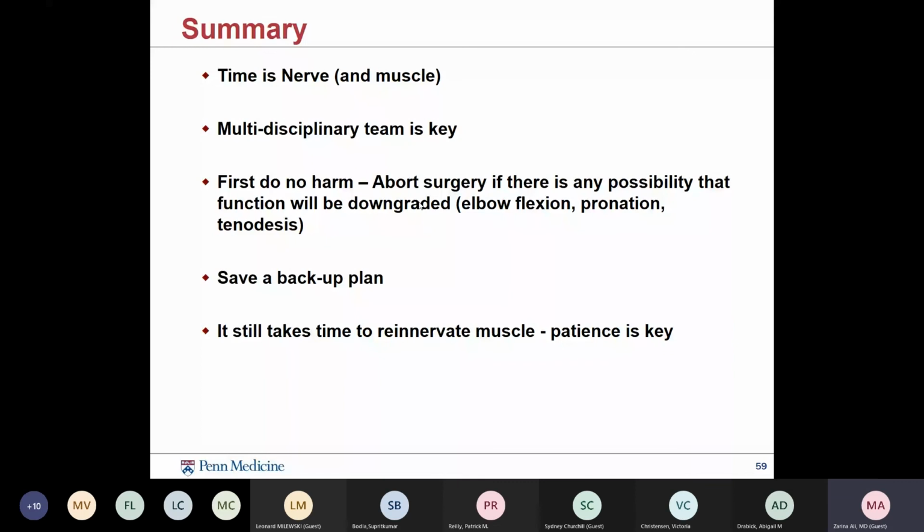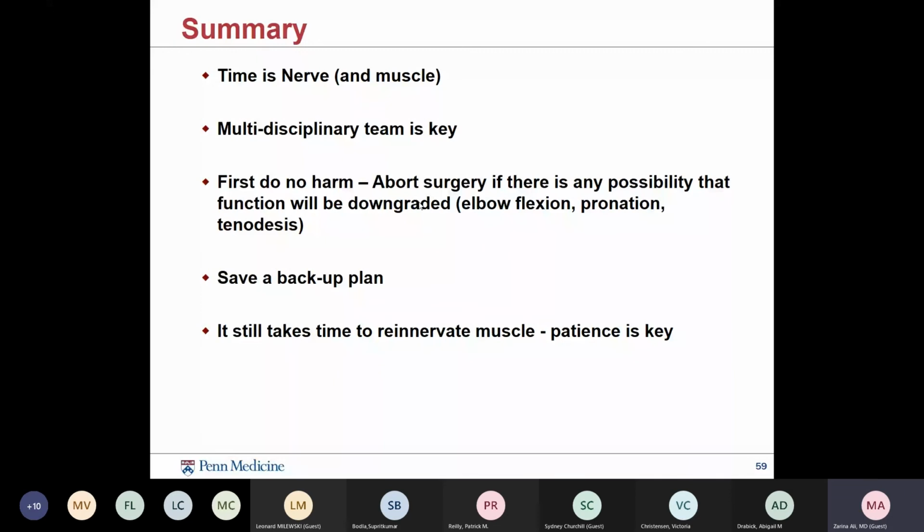As I highlighted, a lot of these decisions are happening intraoperatively, right? Our first goal is do no harm. And so we're often limited by what we see intraoperatively and what is functioning electrically intraoperatively. So we utilize our intraoperative neuromonitoring to identify functional nerve versus non-functional nerve versus what may or may not be regenerating.